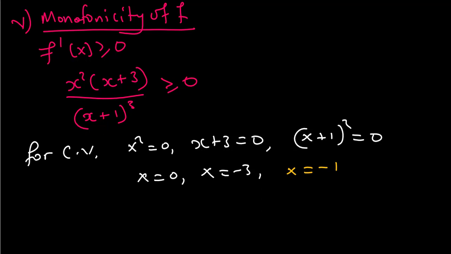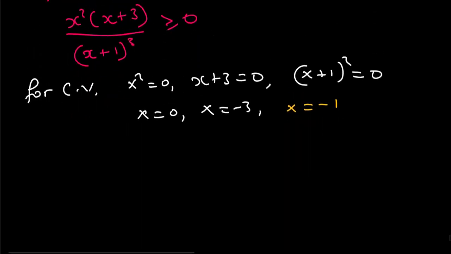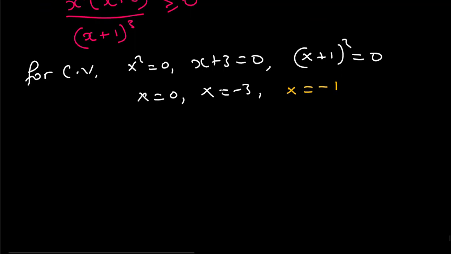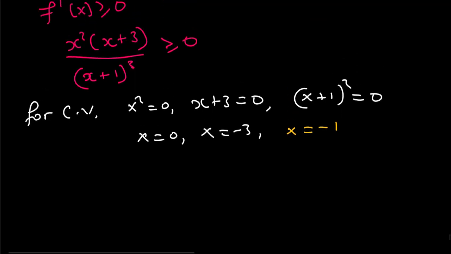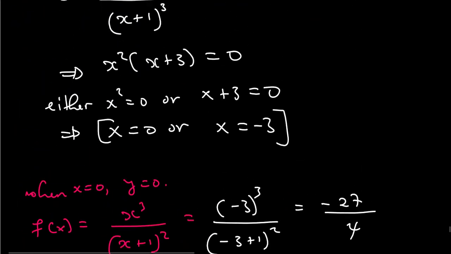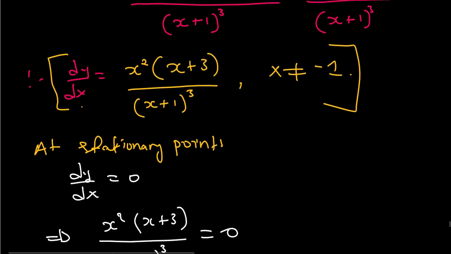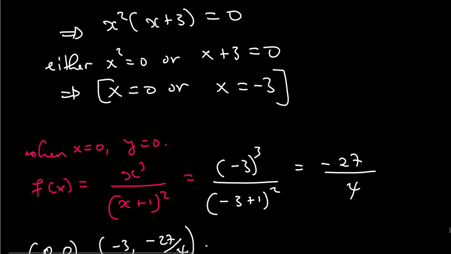These are the critical values of that inequality, and we know that this derivative is not defined at the point negative 1, as stated earlier. So we have to be very keen with this information. Let's proceed.